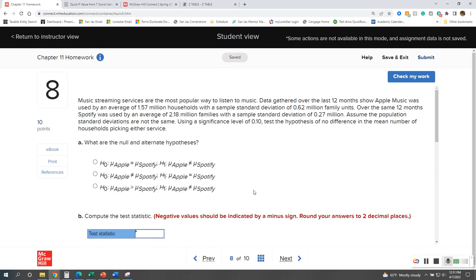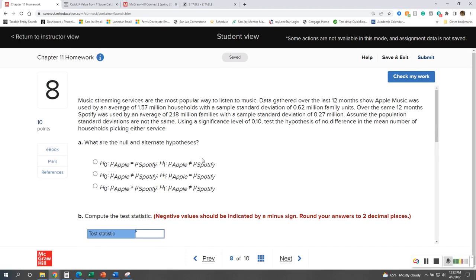So we have music streaming services are the most popular way to listen to music. And it gives us all the information. Since we've already done this multiple times, it looks like this is going to be unequal. Yeah, they are not the same.